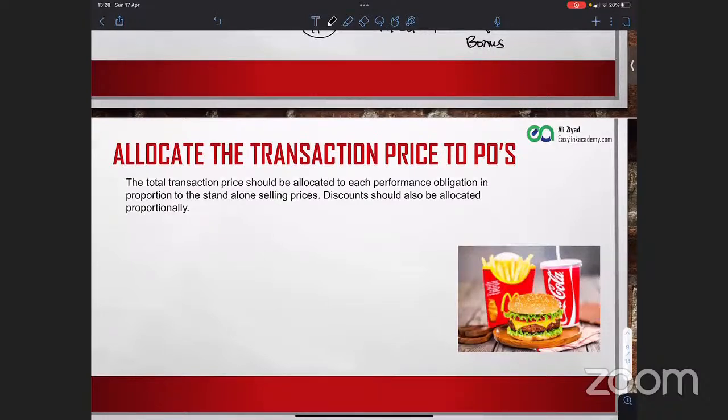So guys, can we say that French fries is a separate performance obligation, Coke is a separate performance obligation, and this burger is a separate performance obligation? Is it okay to say like that, guys?